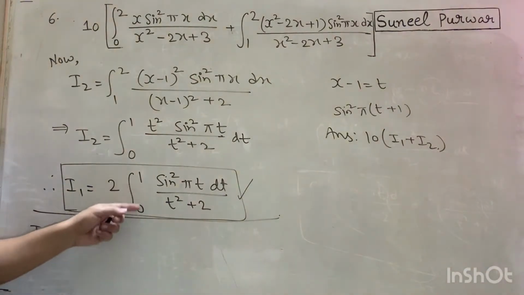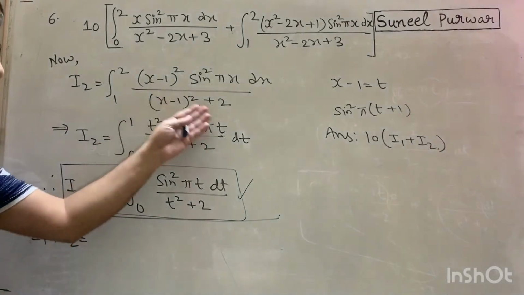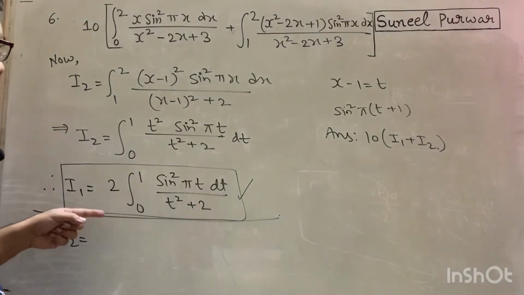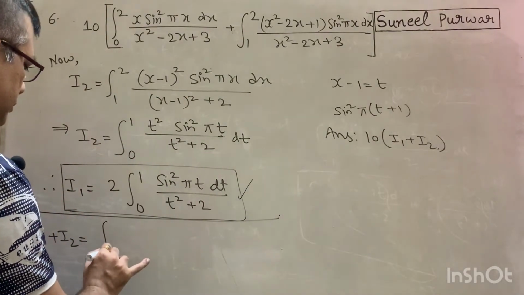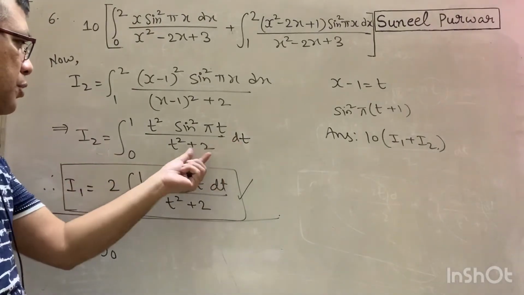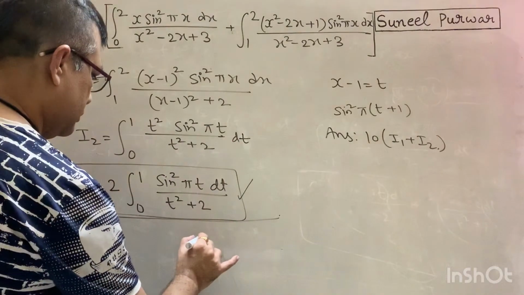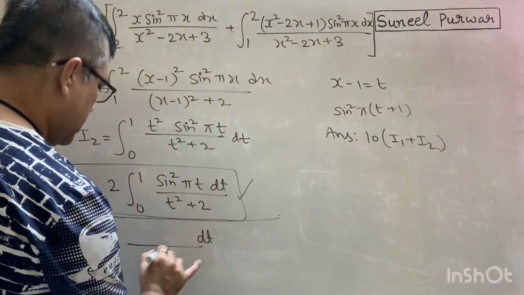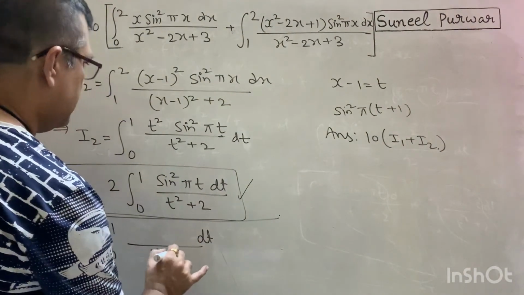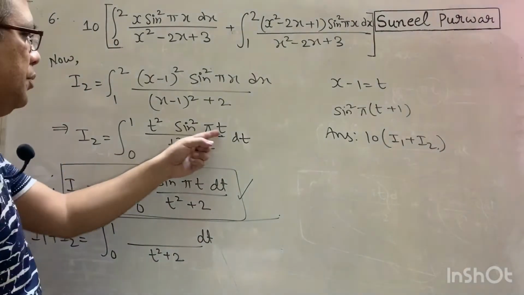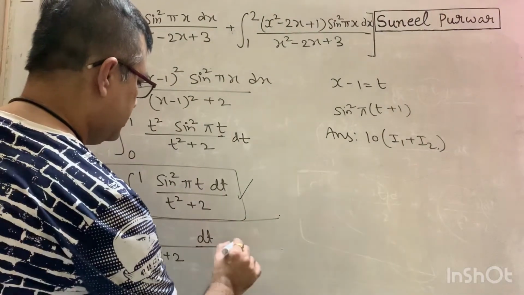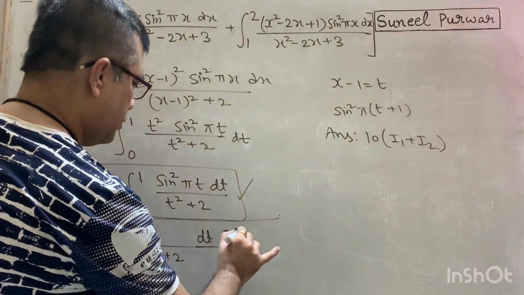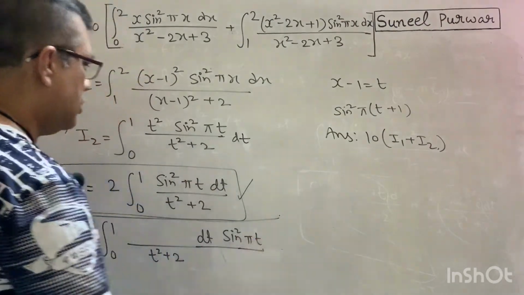As the two integrals are having the same limits, you can just add their integrands. So that will become integral 0 to 1, dt upon t square plus 2 is common. Now sine square of pi t is also common.